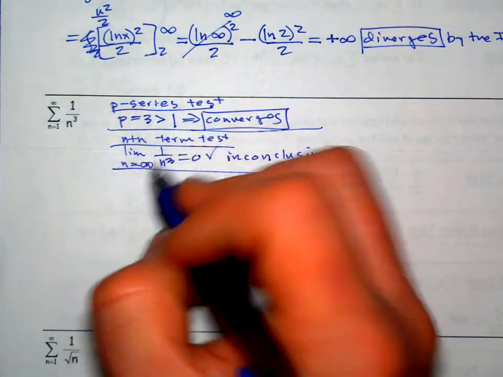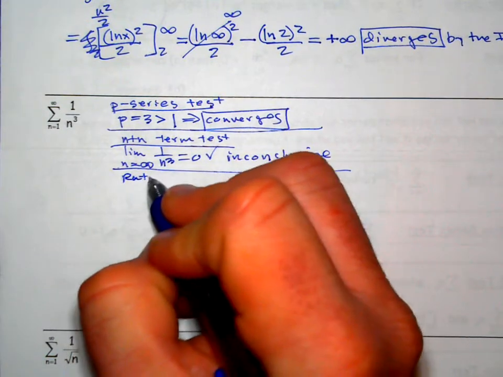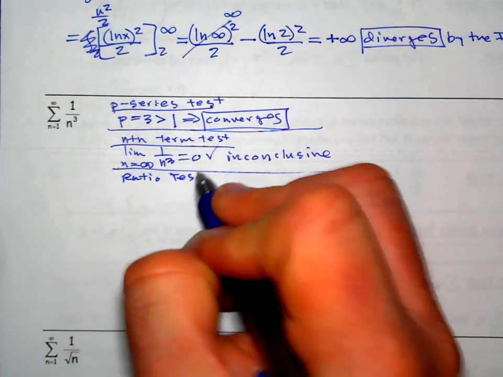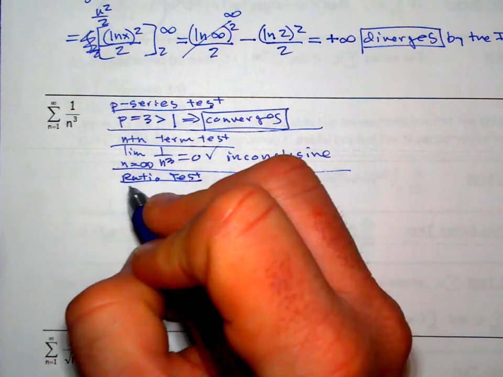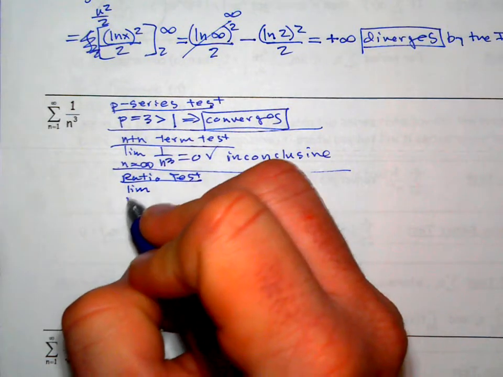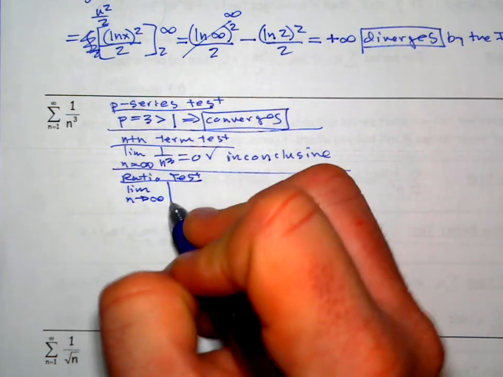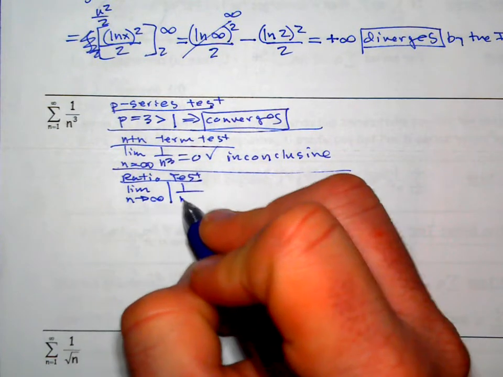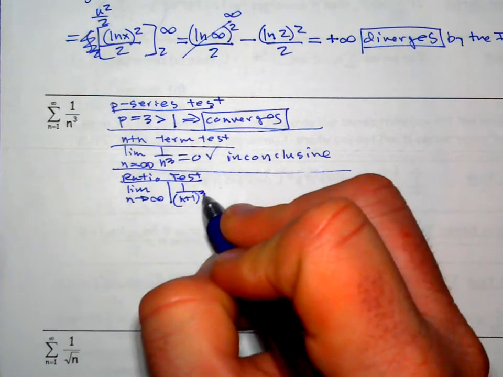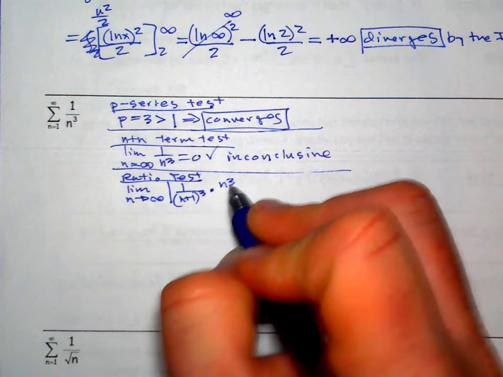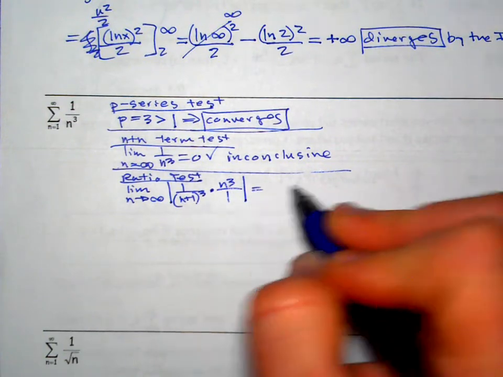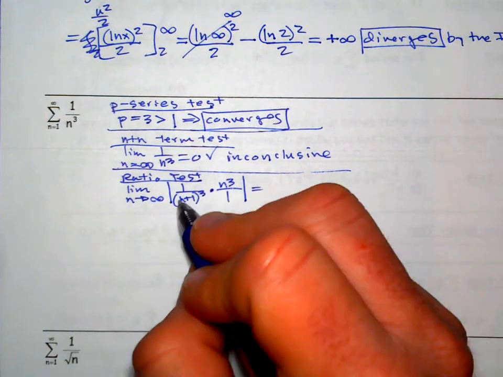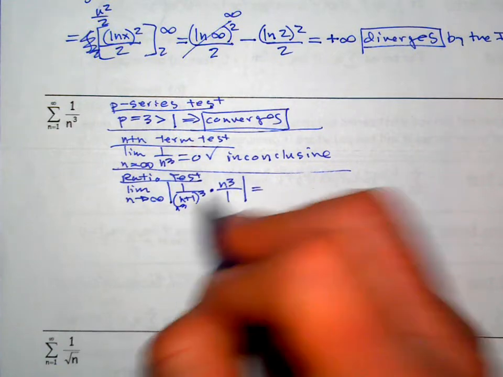We do the ratio test. I have a bad feeling about it, but we'll see. 1 over n plus 1 to the third power times n cubed over 1, divided by the nth term. The dominant terms here are going to be n cubed and n cubed. That's going to go to 1.